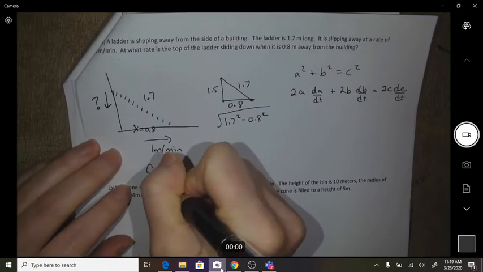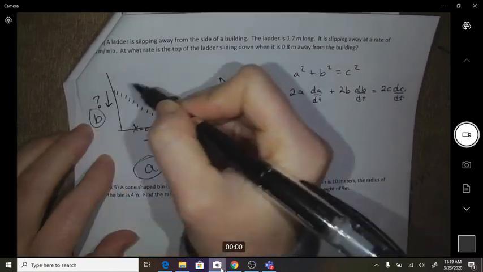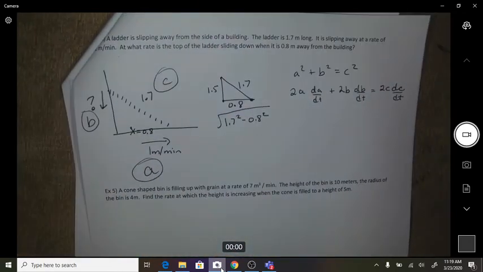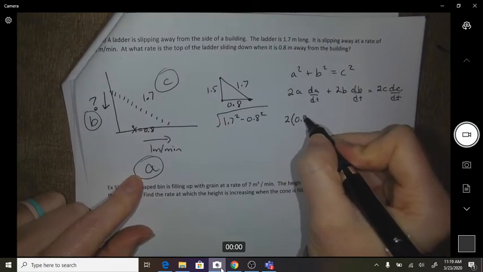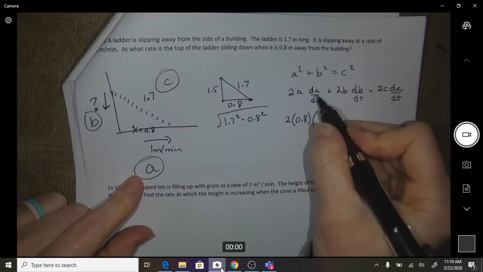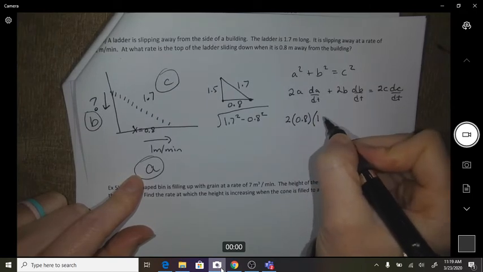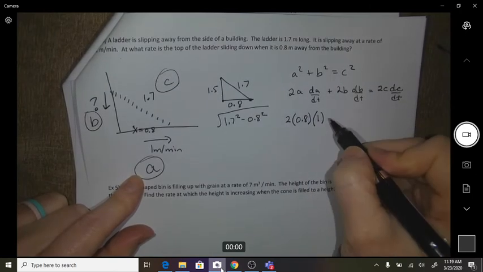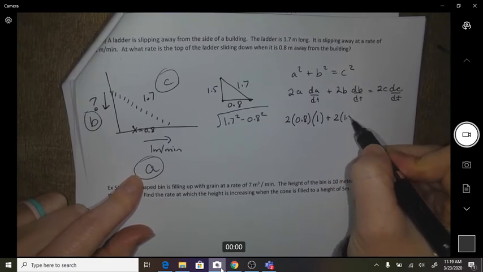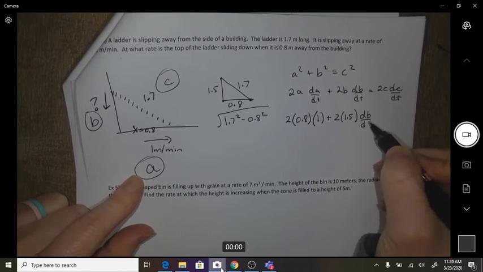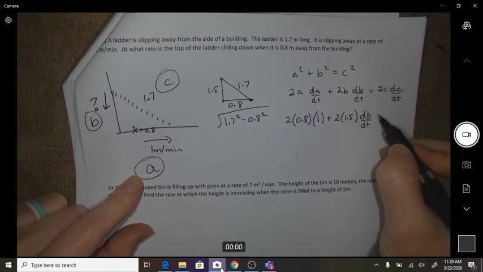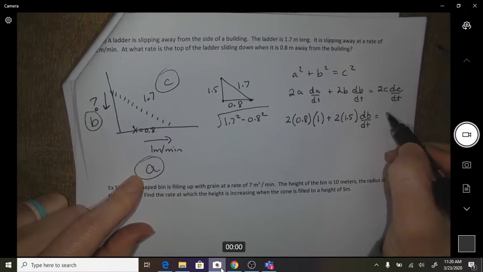Okay, I'm going to call this my a side and my b side, and obviously that's your c. Okay, so 2 times the a distance, which is 0.8. A was changing at a rate of 1, plus 2 times the distance of b times b changing with respect to time, that's what we want to know, equals 2c.